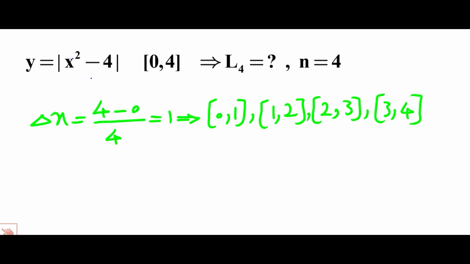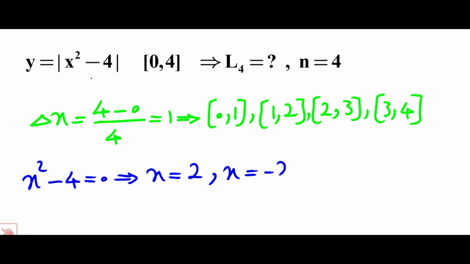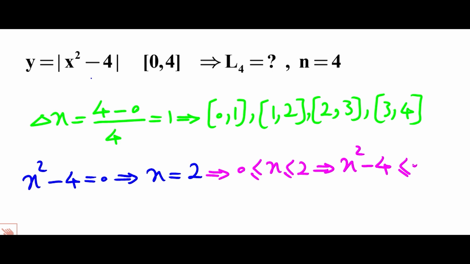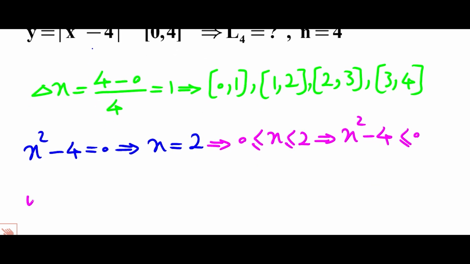Inside the absolute value, x squared minus 4 is 0 at x equals 2 and x equals negative 2, but negative 2 is not in this interval, so we have only x equals 2. Between 0 and 2, x squared minus 4 is negative, so the function is 4 minus x squared. It's decreasing here.